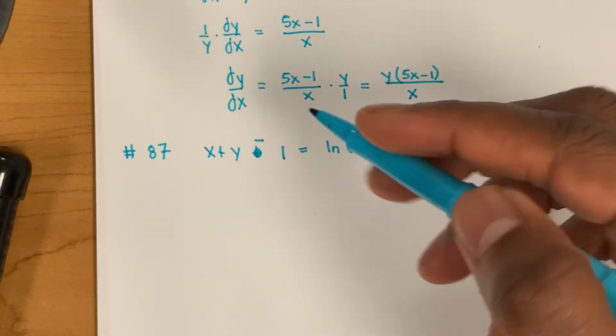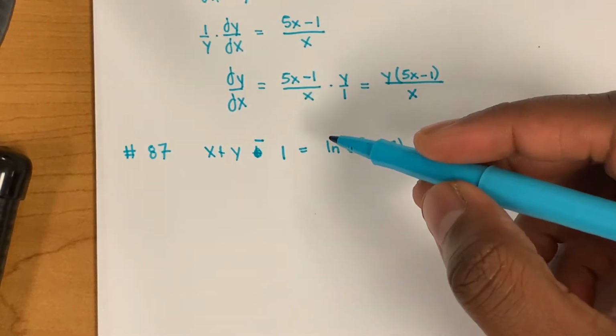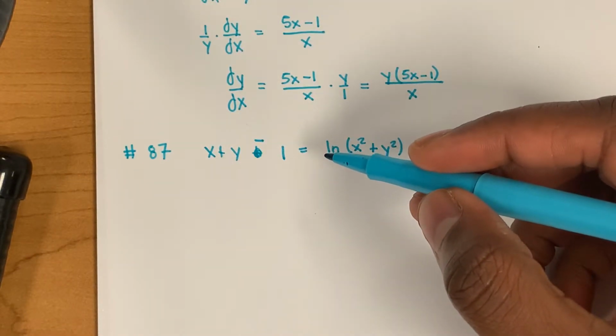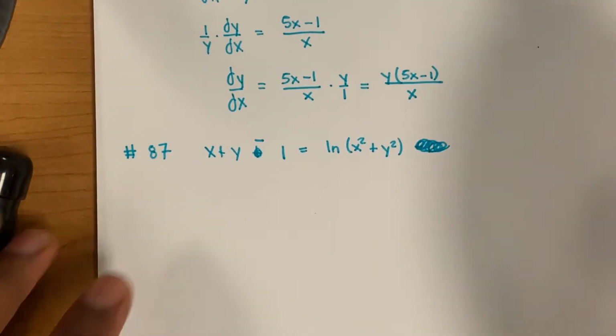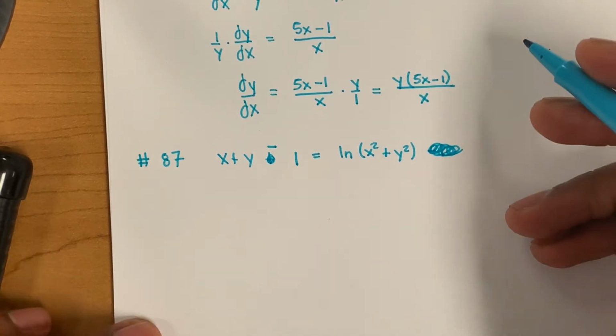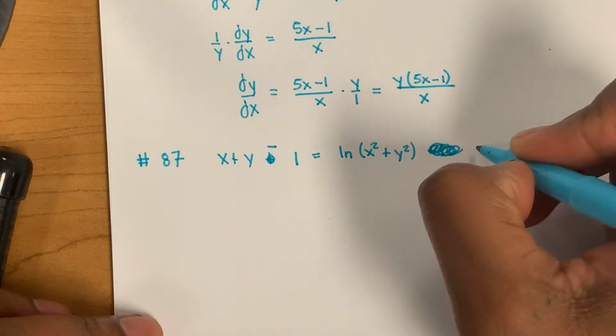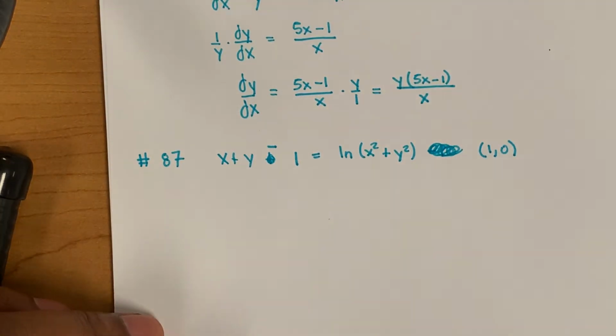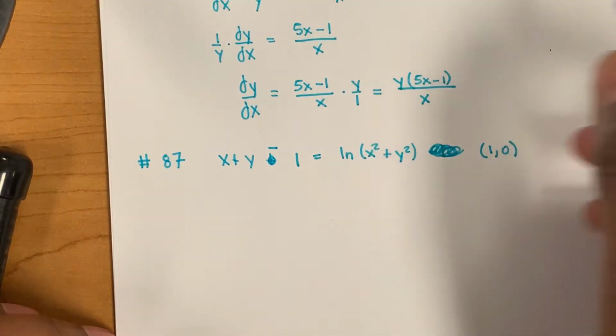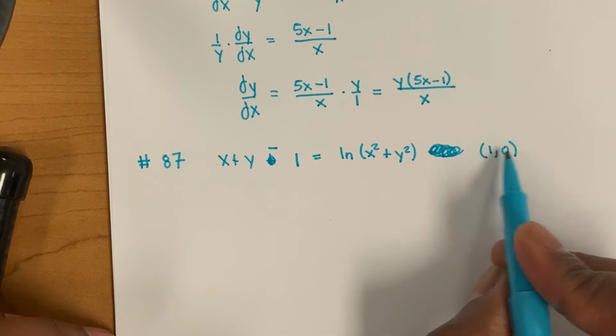I'm looking at the wrong example. Oh, we don't need the 10. Excuse me. I looked at 2 different examples. So we're doing this at the point 1, 0. We're finding the equation of the tangent line at 1, 0.